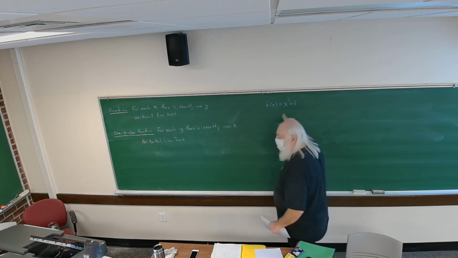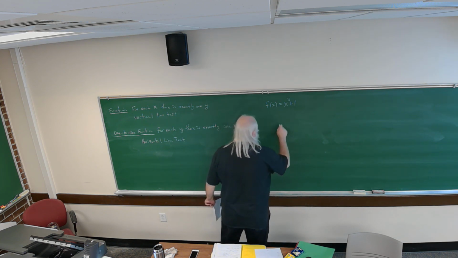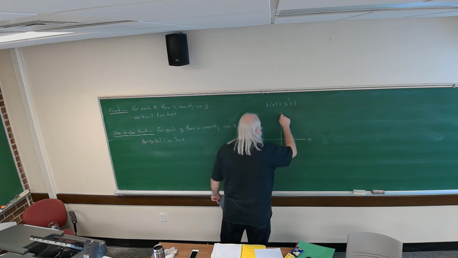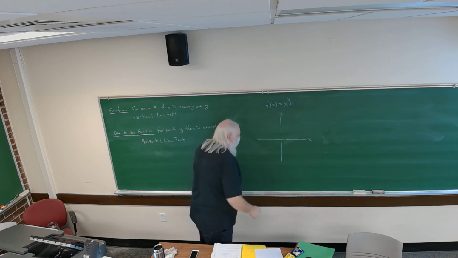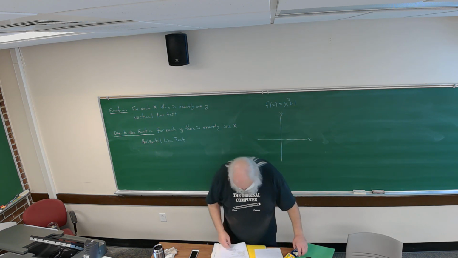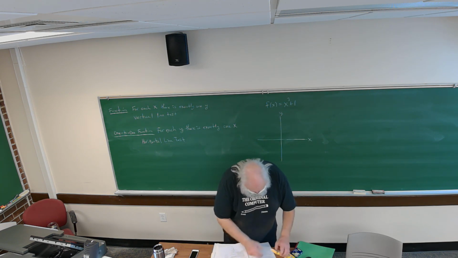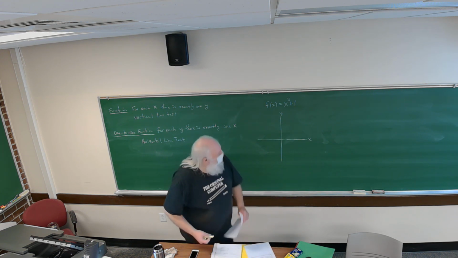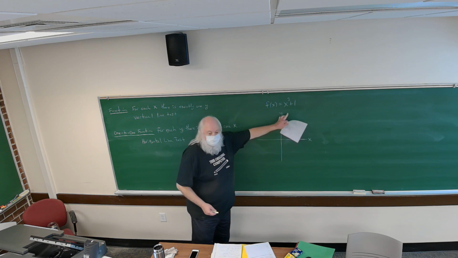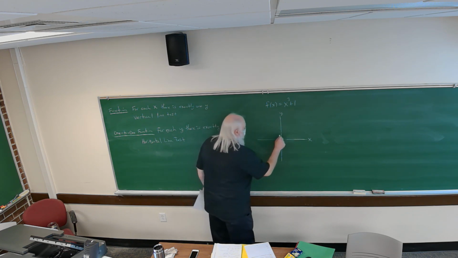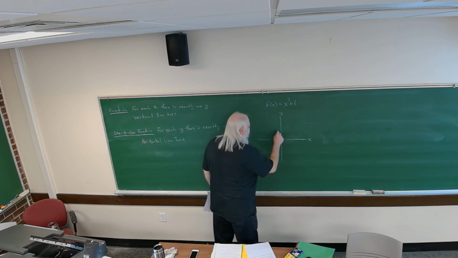Well, this is a transformation on the cubing function, which you should know basically how to graph. The graph of the cubing function snakes through the origin. But here we're shifting it up by 1 unit, so it'll cross the y-axis at y equals 1.